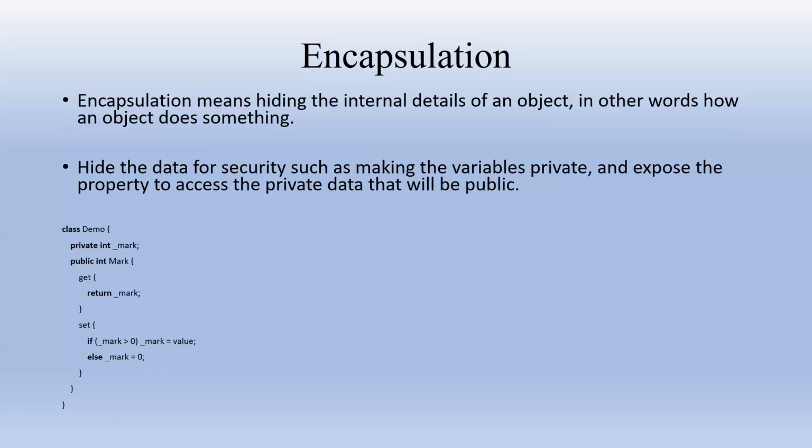Here you can see we have a class Demo. We have defined a private variable mark. Then to access that variable outside the class, we have defined a public property for it. This property has the accessors get and set. So we define a public property so that outside classes or users can access this private variable, which is mark.